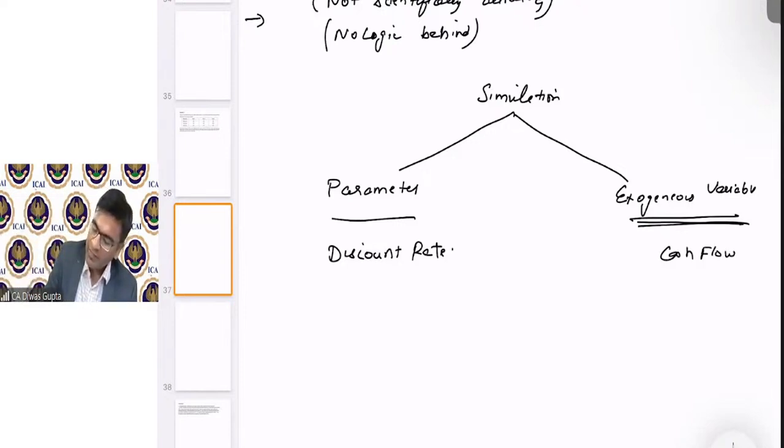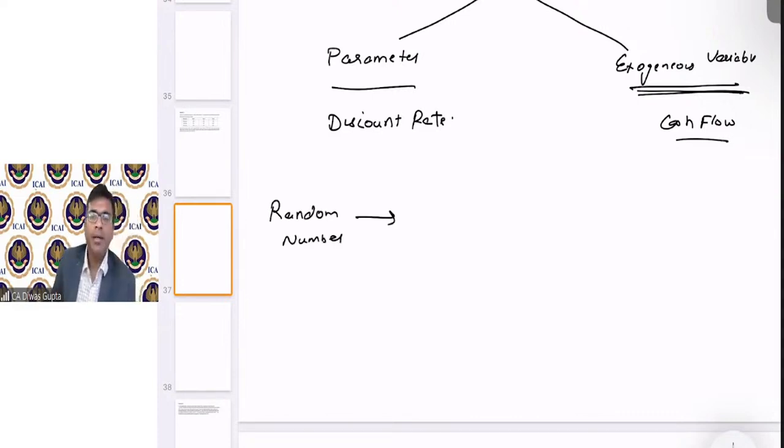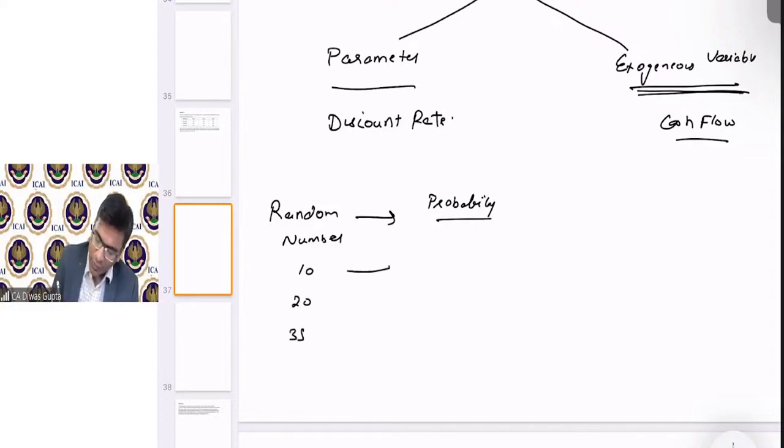I will try to explain it again with the help of the question, but please try to understand what the chain is doing here. We are taking some random number. That random number is used in the probability. Let's say the random number is 10, it's 20, it's 35. I will see against this 10, say 10% probability, what is the cash flow coming out to be?